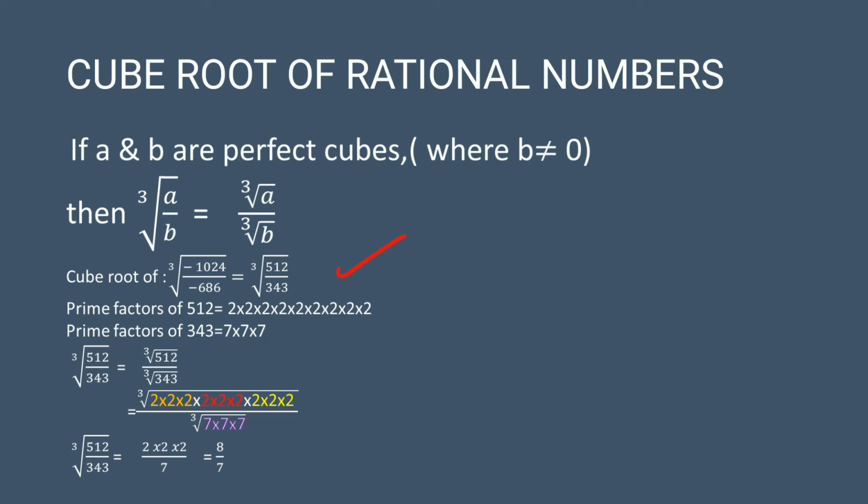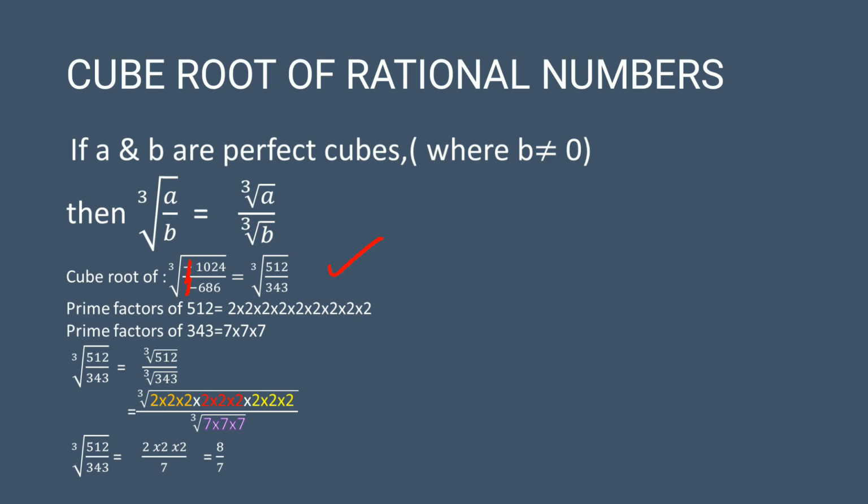How will you get 512 by 343? Firstly, make it in standard form by cancelling the minus and minus, and then divide both numbers by the same digit, that is 2, and you will get the number in standard form, 512 by 343.